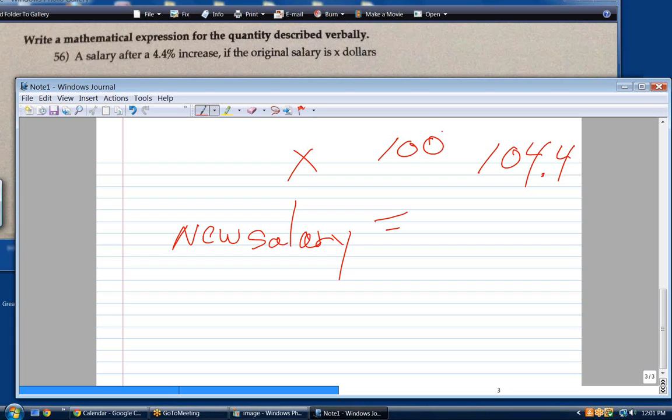But if we let it be X instead of 100, now what is it? Is it X plus 0.044 or times X? Times X. In other words, there's two ways to write it. That's my original salary, plus I get this much more of that.